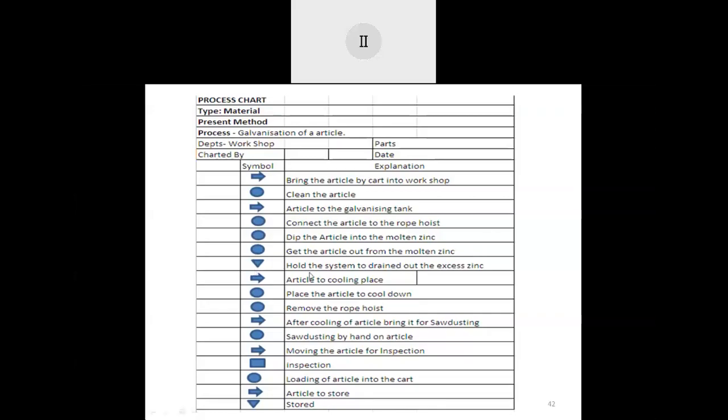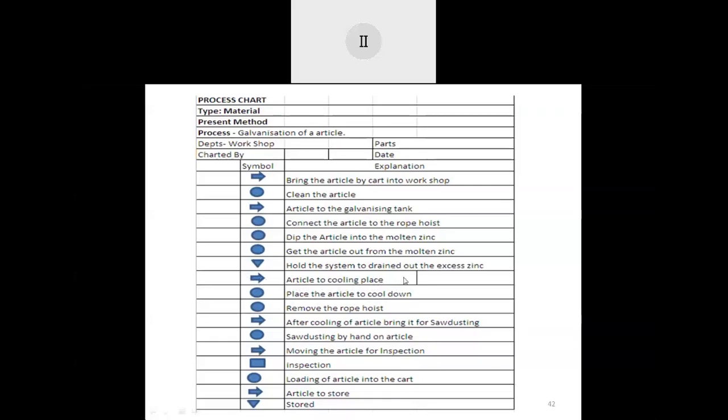Then again, after all the excess zinc is drained out, we need to take this to another system or another process, which is known as the cooling place. So here article to cooling place means some movement. So you should remember that this arrow sign means there is some movement.